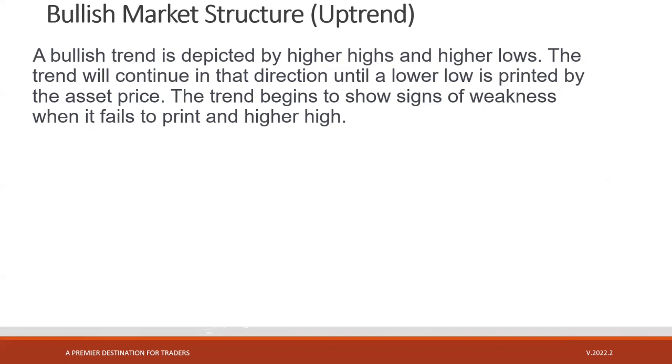The trend would most likely continue in that direction until price begins to make lower lows and lower highs. So if the market is bullish, we can anticipate that price would most likely stay bullish. With that in mind, in a bullish market structure, we would be better off looking for buying opportunities, because the probability is that price will continue to go up.